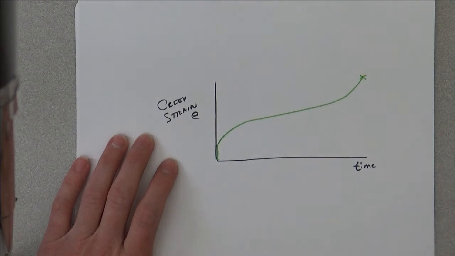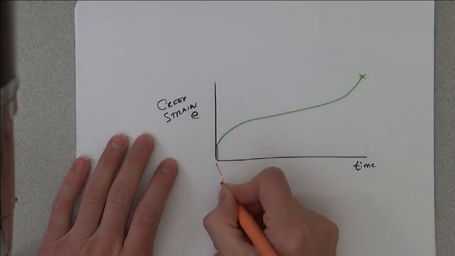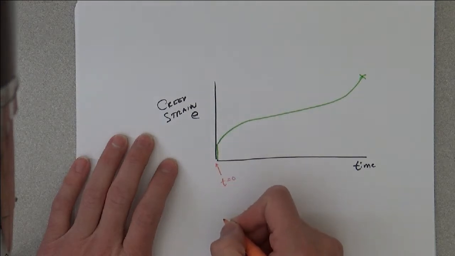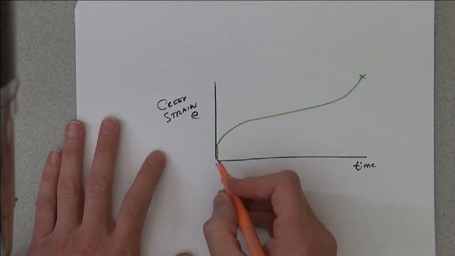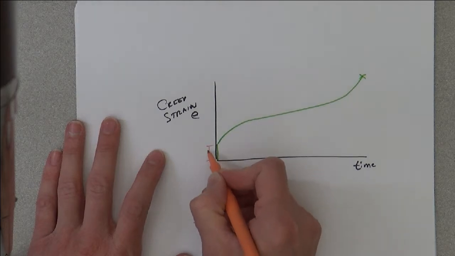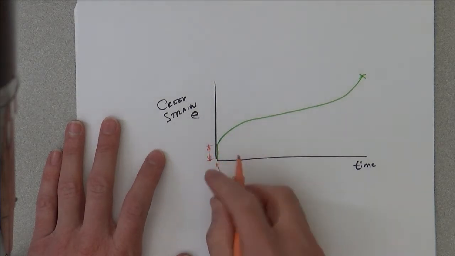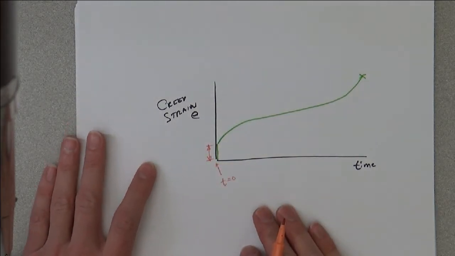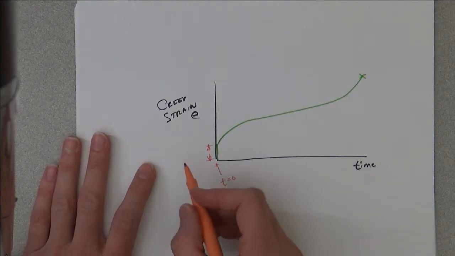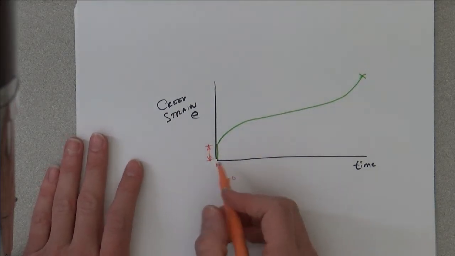So here in the front, at time t equals 0, we have the instantaneous deformation. So this is the strain that happens when load is first applied. You can think of this as the initial elastic strain.